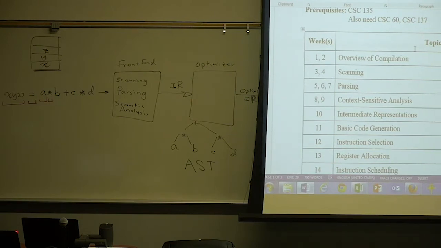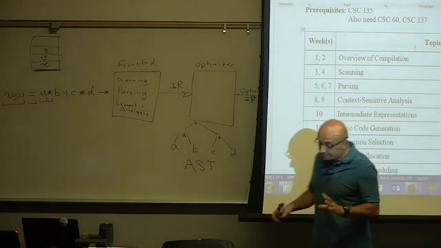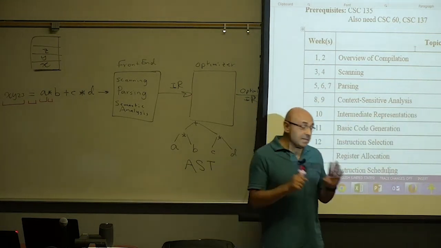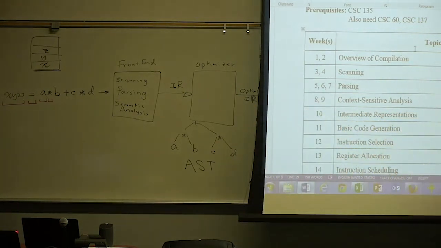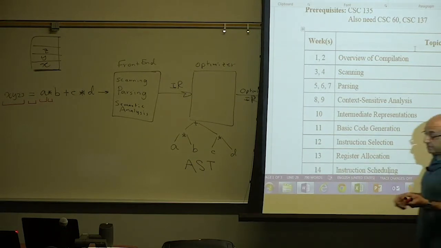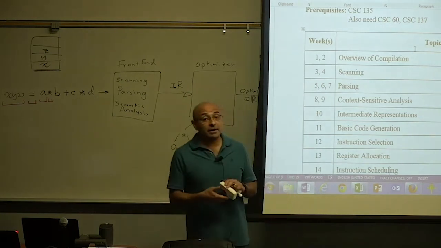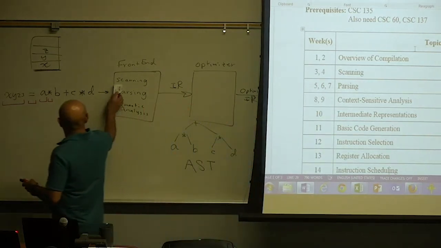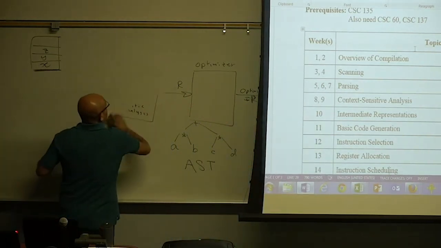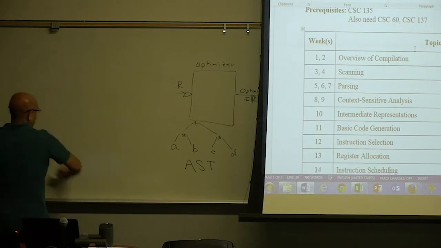It's interesting, all of these constructs that people have developed in order to be able to build the compiler are interesting, and these are concepts that you have taken in 135.